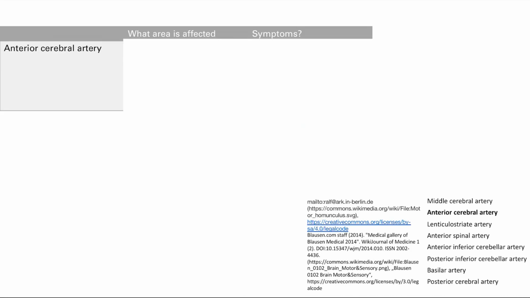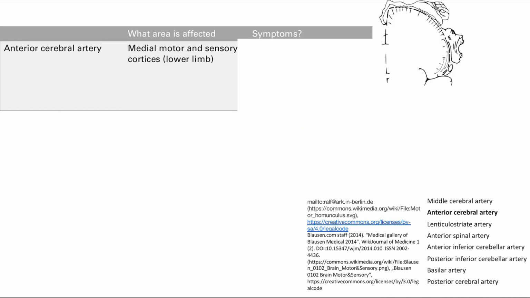We can do the exact same thing for the anterior cerebral artery. This one's even simpler. Just remember the homunculus. What part of the motor and sensory cortex does the anterior cerebral artery perfuse? It perfuses the medial part, and the medial part is the lower limb. Right here, these are the legs. Which side is going to be affected, contralateral or ipsilateral?